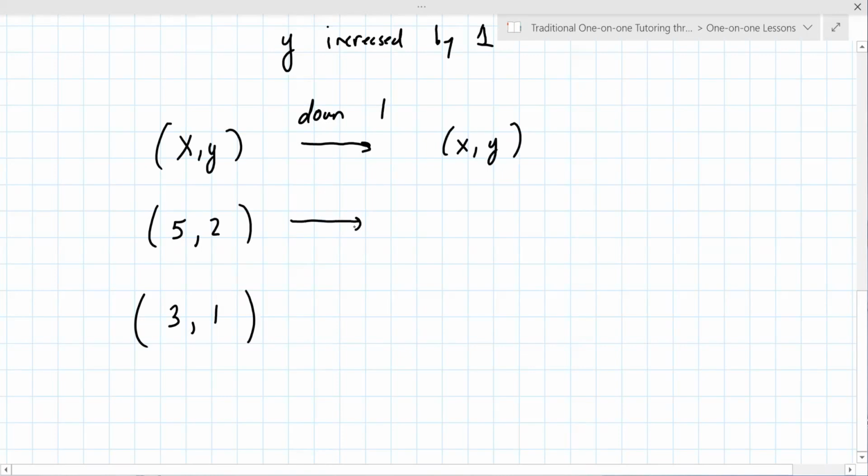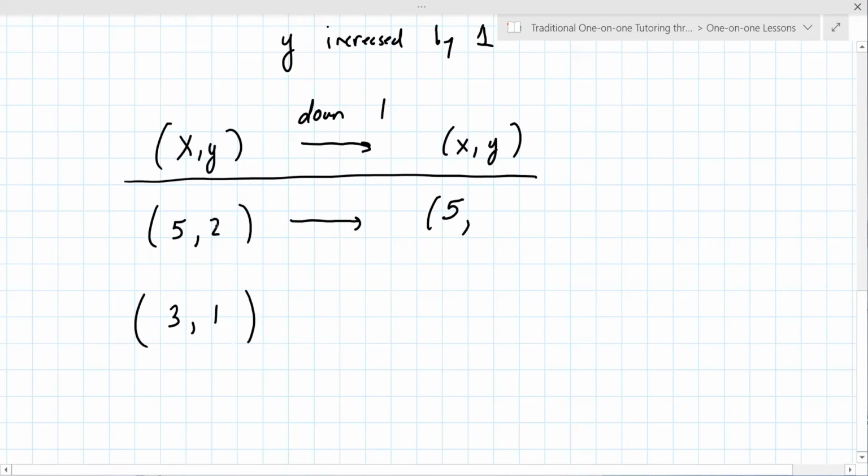So if you go up or down, which value is affected? Is X affected or is Y affected when you're going down? Y affected. Okay, so X stays the same. Do you see that? The X is going to be the same, but Y is going to decrease by 1.